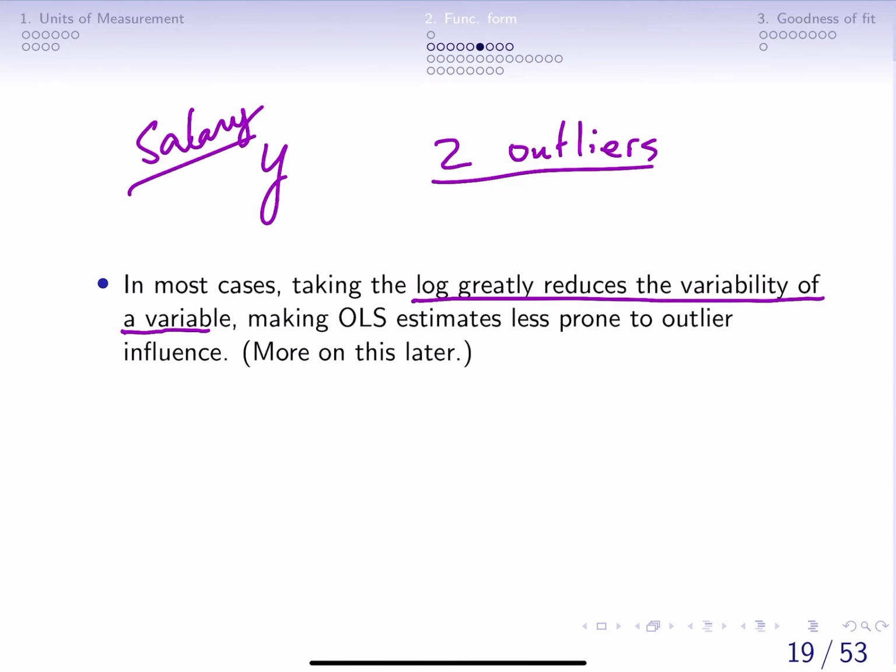But when we take log of y, that variability, that variance in y gets greatly reduced. You can always take a look at summary stats for y and log y and see if this is true. So remember that if we take logs, the advantage is that the OLS estimates are less prone to outlier influence.